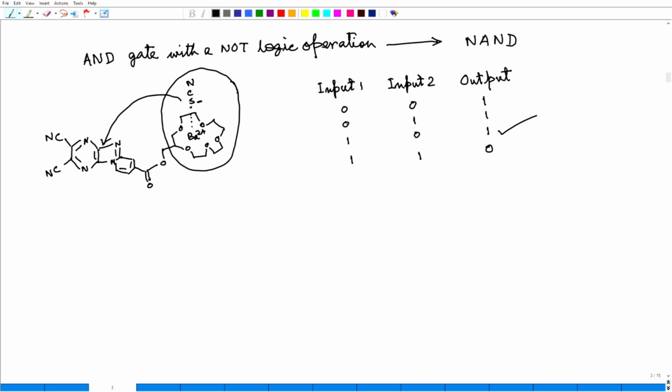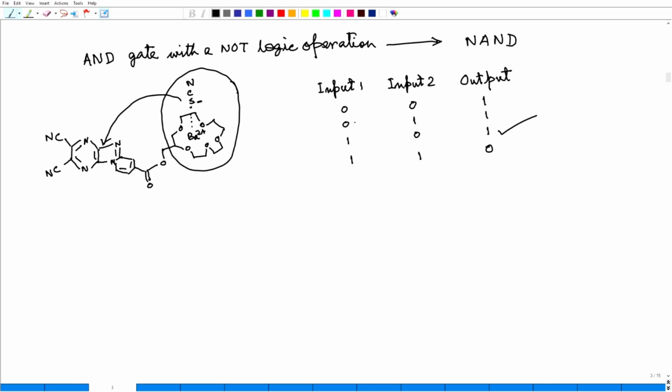input 1 is 0. Input 1 is 0 means there is no barium, but there is only thiocyanate hanging here. Only thiocyanate means it is a negative. So, when I excite it from this negative, it can be PET.